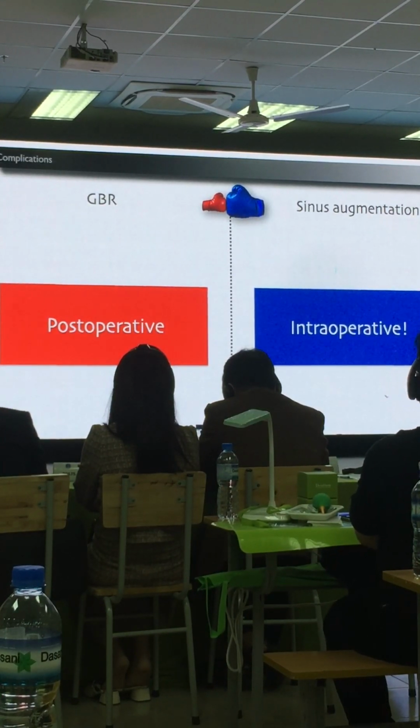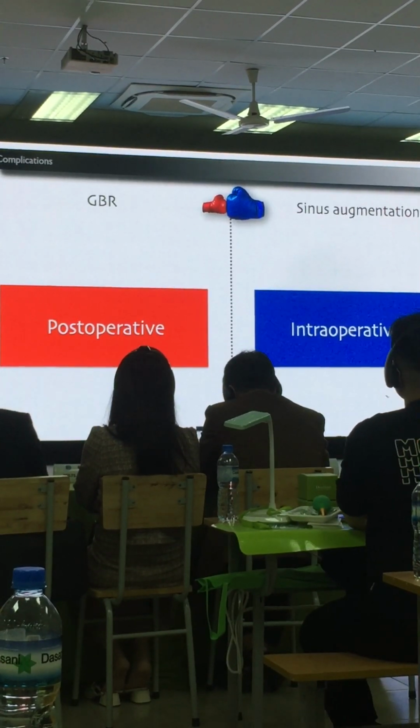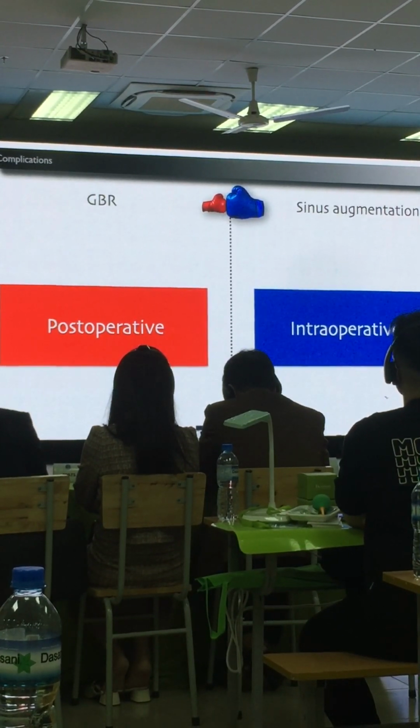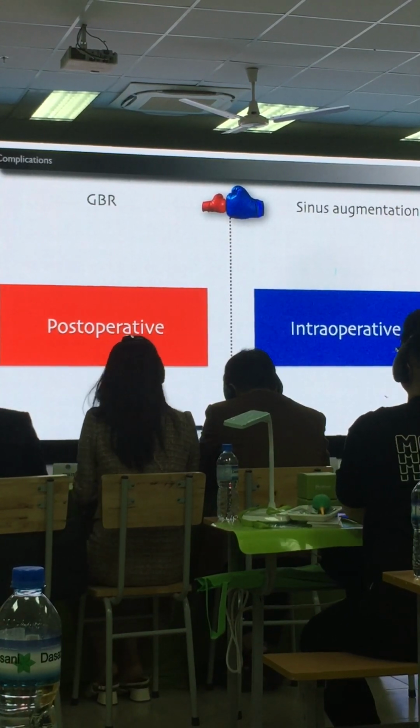Persistent bleeding and severe swelling, scary events, occur later, one or two weeks later. In sinus augmentation, scary events can occur during surgery, during the operation. Mostly, perforation of the sinus membrane is frequent. Once it occurs, coverage is very tricky.